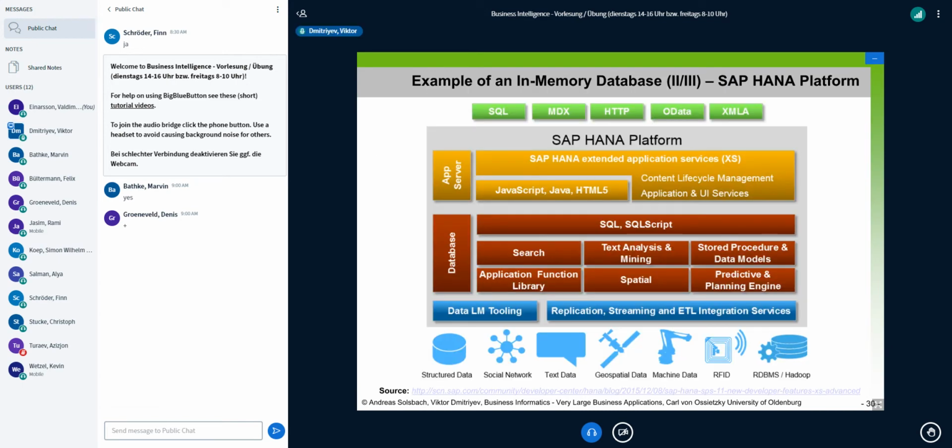Another option is HANA, which is called a platform. Actually, I think Exasol could also be treated as a platform. I can explain how you can treat a database as a database or as a platform.